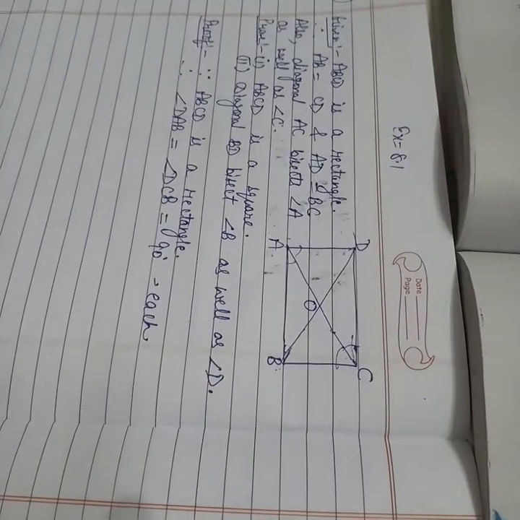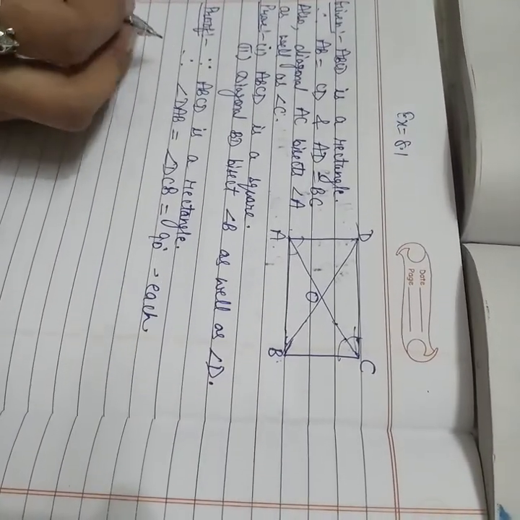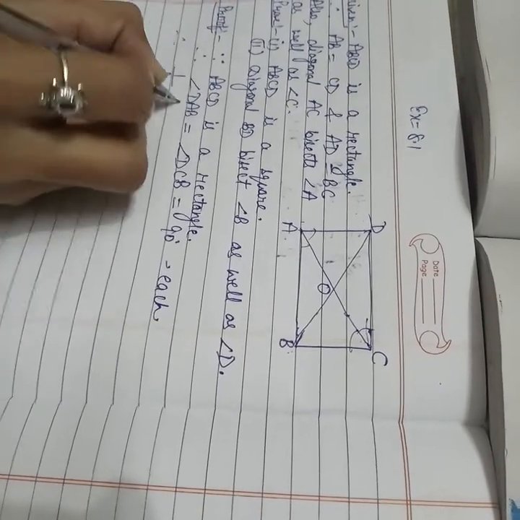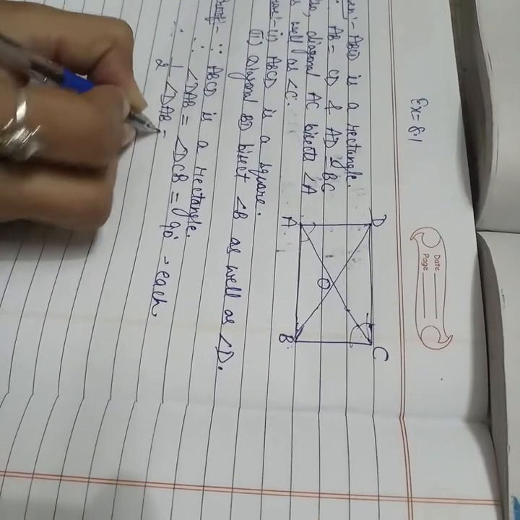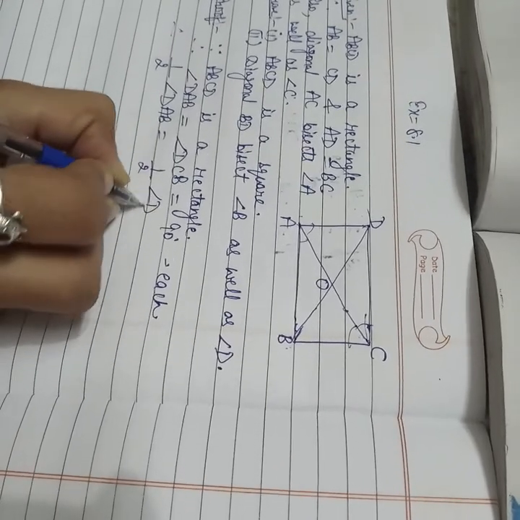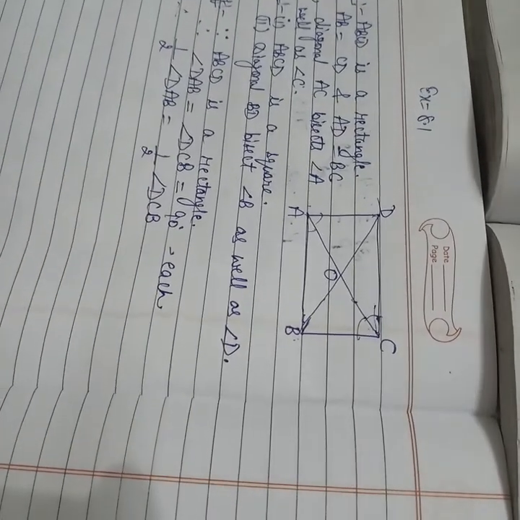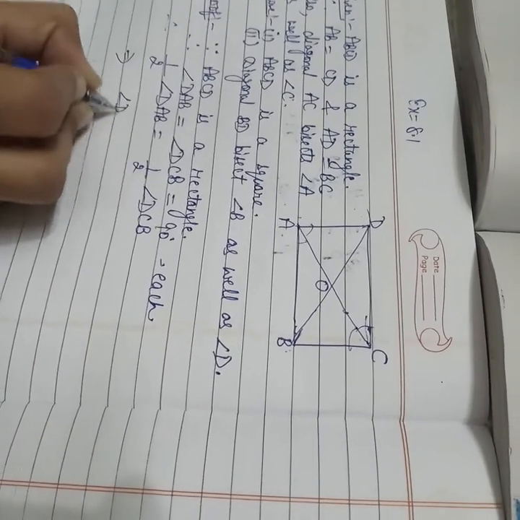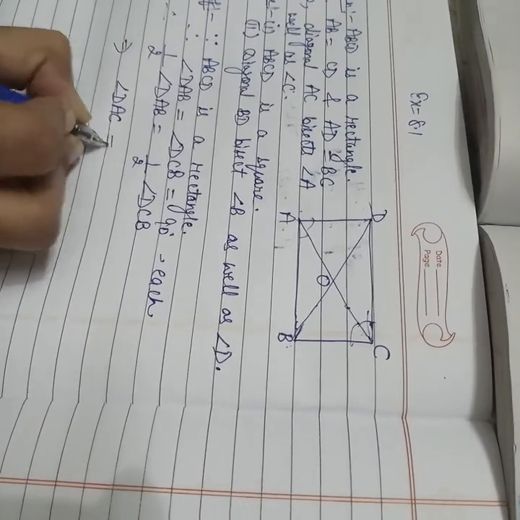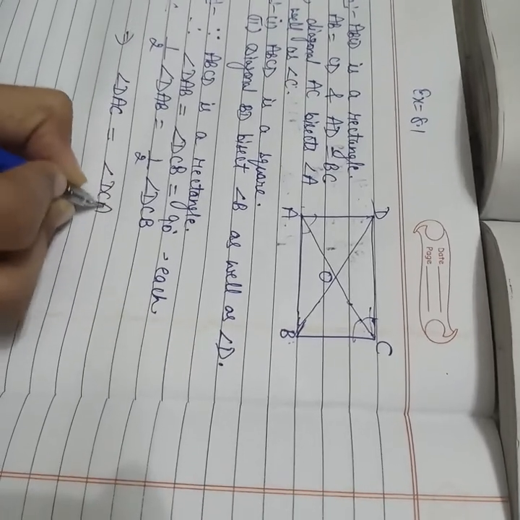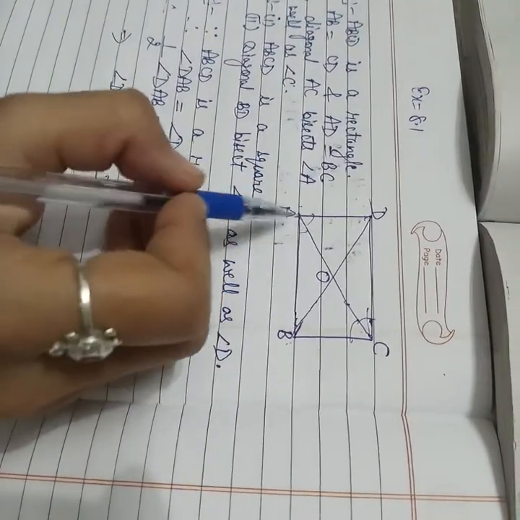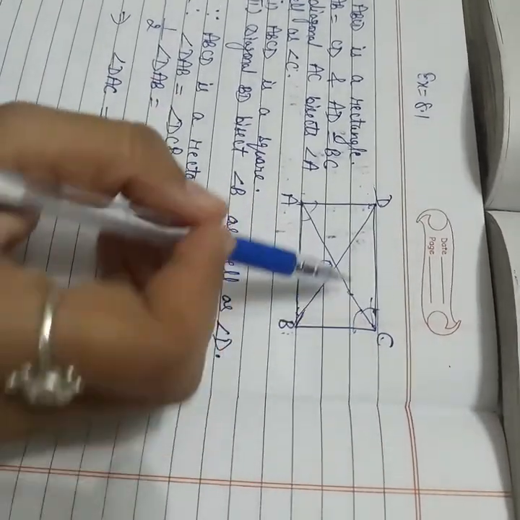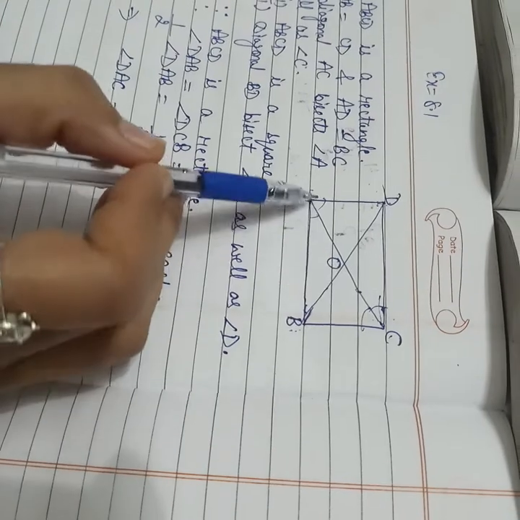Now complete angles are equal, therefore half of angle DAB equals half of angle DCB. Therefore angle DAC equals angle DCA. Half of DAB is DAC and half of angle DCB is DCA.